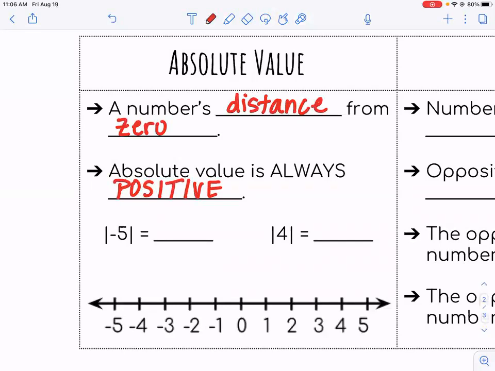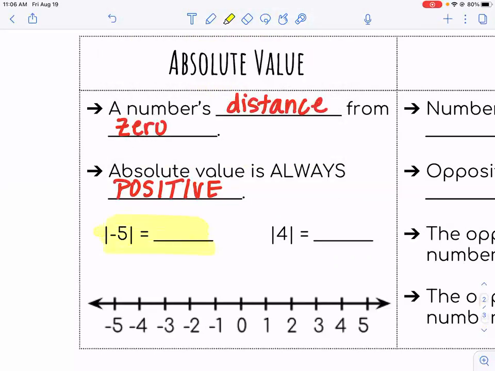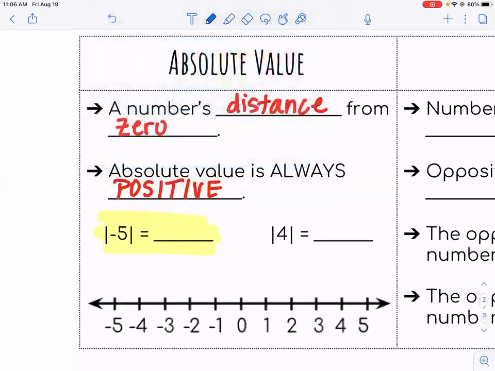So when I ask you for the absolute value of -5 right here, okay, well, here is -5 and here is 0. So if we count 1, 2, 3, 4, 5, we are 5 away from 0.